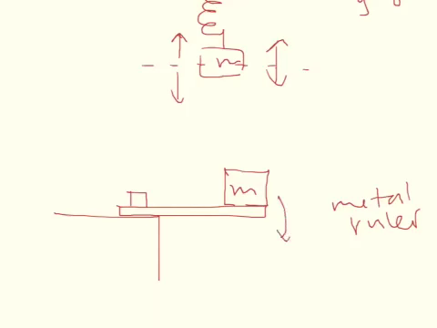It's clamped in place here, and when you give it a flick it'll vibrate up and down. You've done this with a ruler and made interesting sounds. The period is still equal to 2 pi times the square root of m over k, and you adjust the mass to change that. When there's no mass, it's going to vibrate really fast. When there's a lot of mass, it'll vibrate slowly.